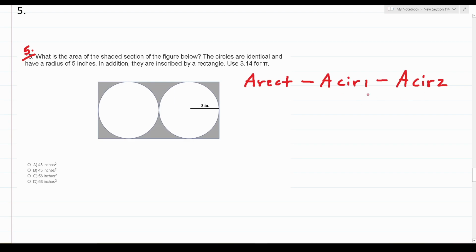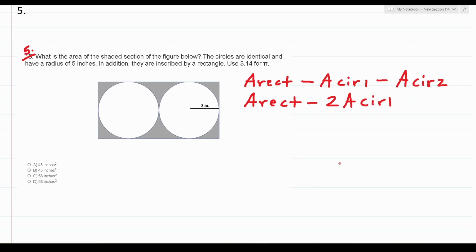Now, since these circles are identical, we can just write this as area of our rectangle minus 2 times the area of circle 1. Again, circle 1 and circle 2 are identical, therefore their areas are the same.